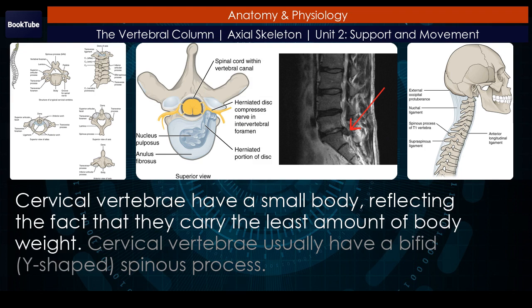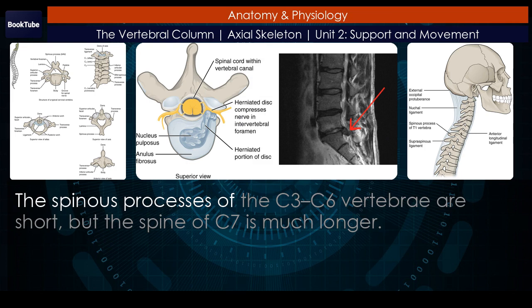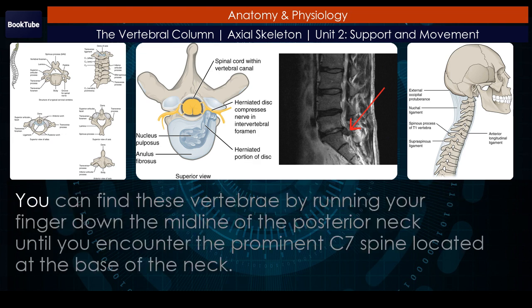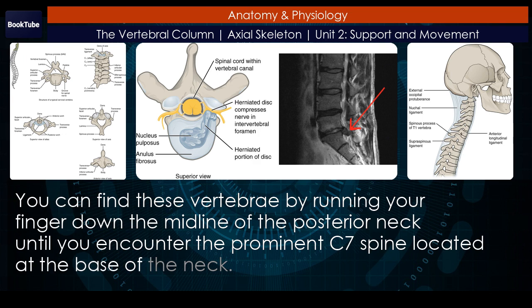Cervical vertebrae usually have a bifid, Y-shaped spinous process. The spinous processes of the C3-C6 vertebrae are short, but the spine of C7 is much longer. You can find these vertebrae by running your finger down the midline of the posterior neck until you encounter the prominent C7 spine located at the base of the neck.